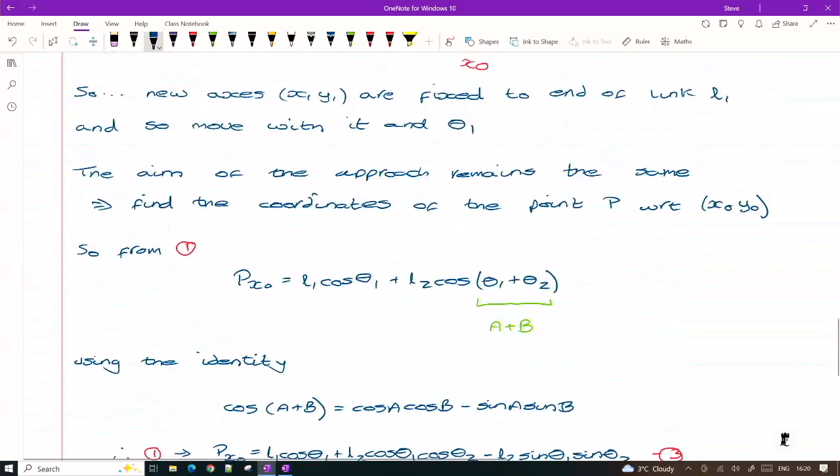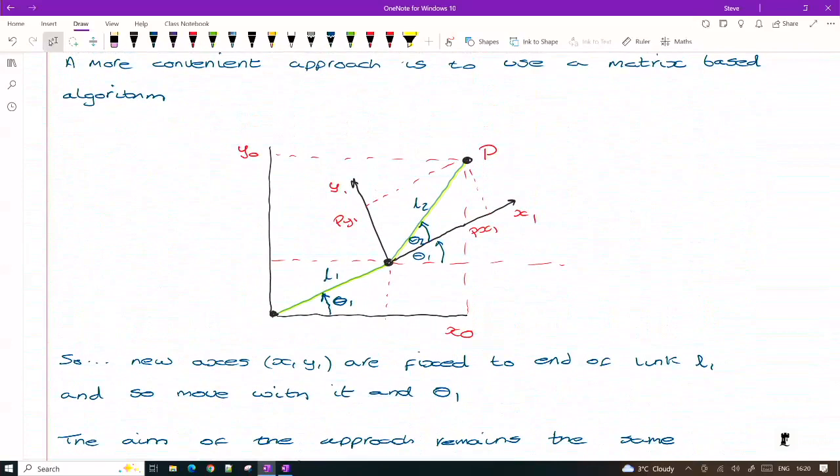So where those come from is because L2 rotates within its own coordinate frame x1, y1, we can calculate the position of point P, so px1, py1, within its frame using the simple trigonometric approach that we've already used previously.